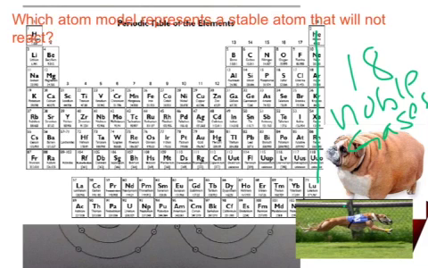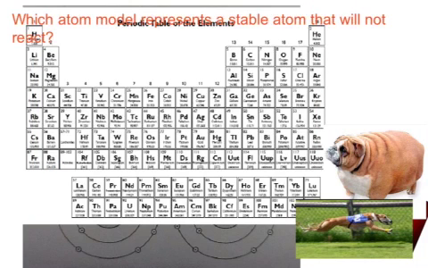The key thing about our noble gases is that they have 8 valence electrons. We just talked about the most reactive group being right here, our alkali metals with 1 valence electron, and our stable group is on this side with 8 valence electrons.